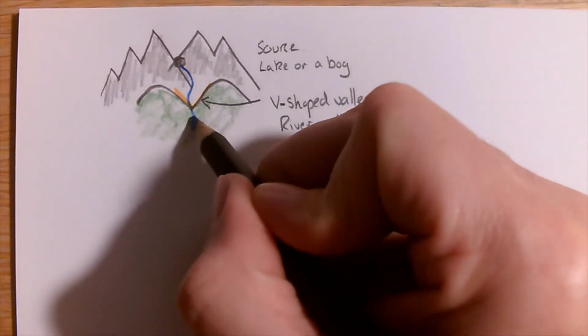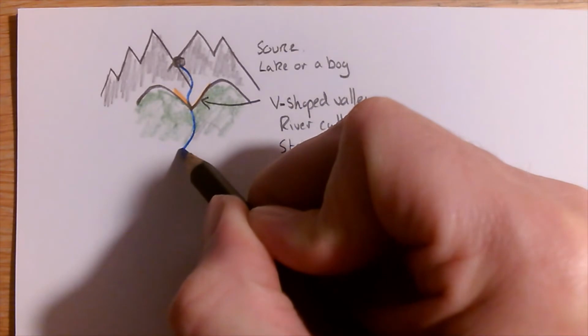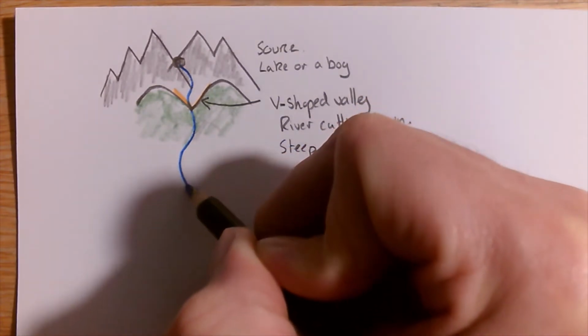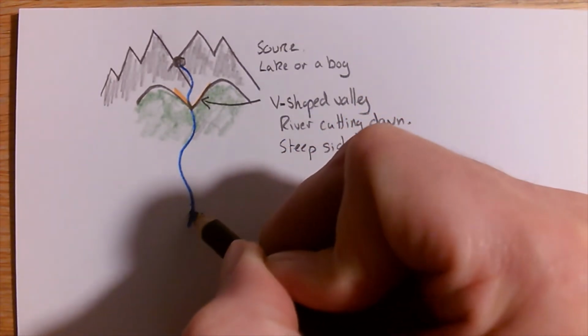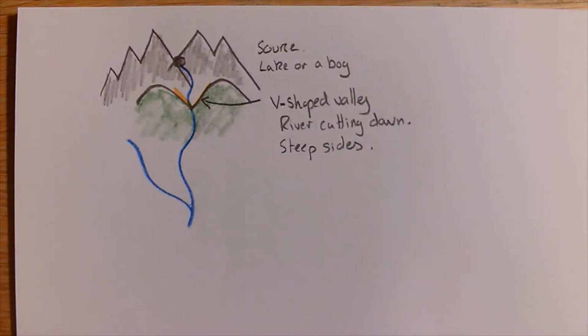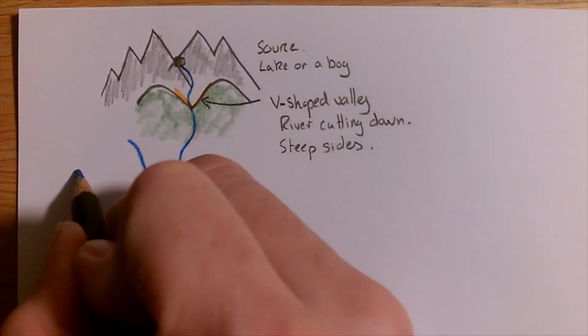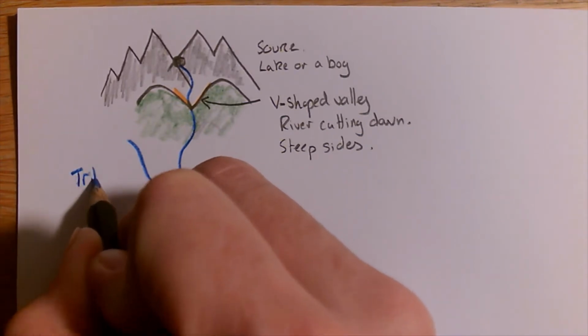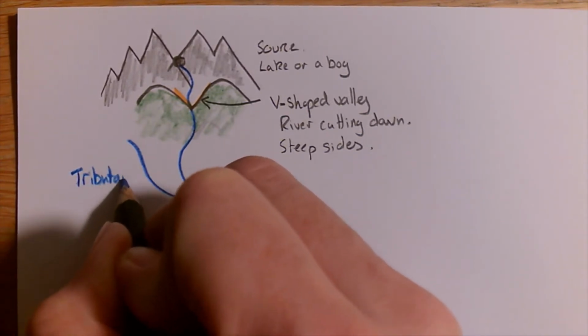As we carry on our journey, still quite high up in the river, we might get another smaller river joining our main river. We call this smaller river a tributary.